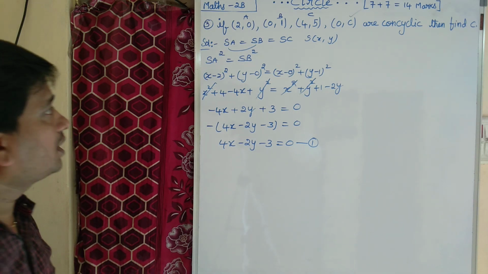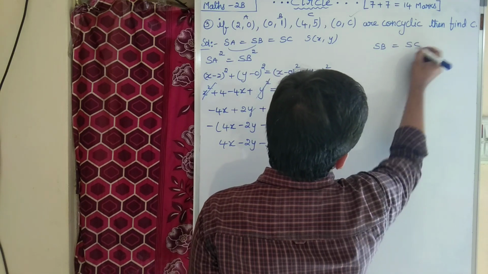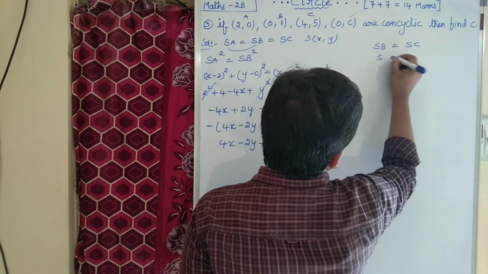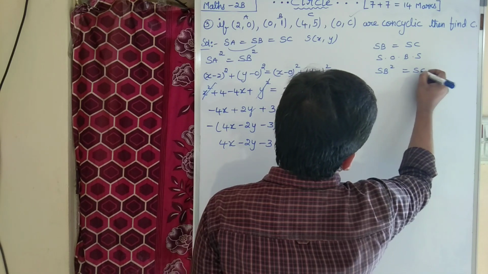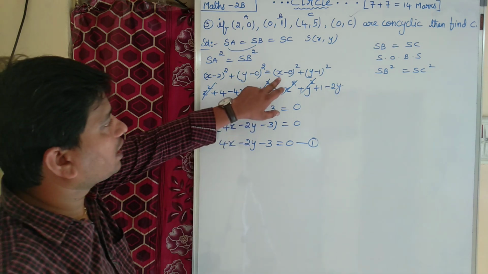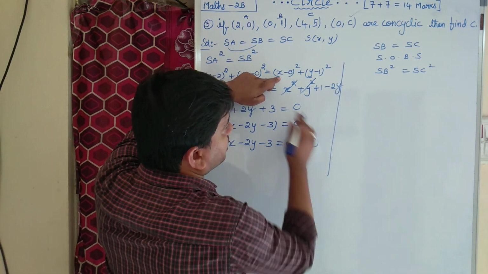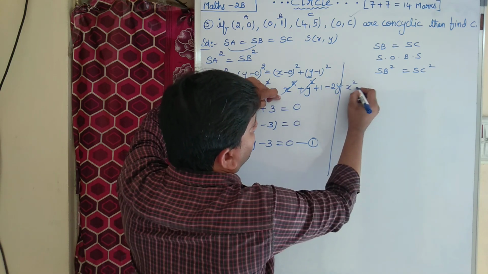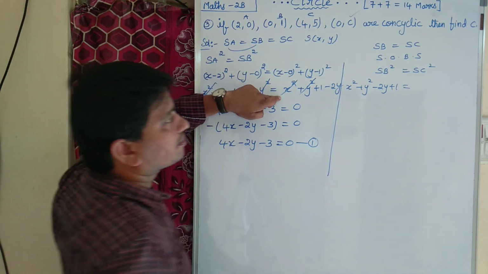Okay, children. Now let us find SB and SC. Consider SB equal to SC, squaring on both sides. So SB square equal to SC square. Already we have the SB square value, what, children? Let us write directly the SB square value, x square plus y square minus 2y plus 1, equal to SC.